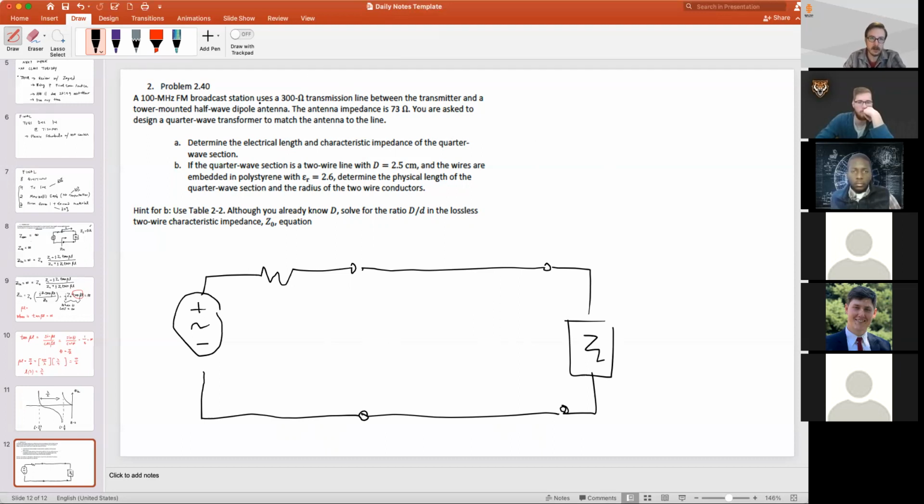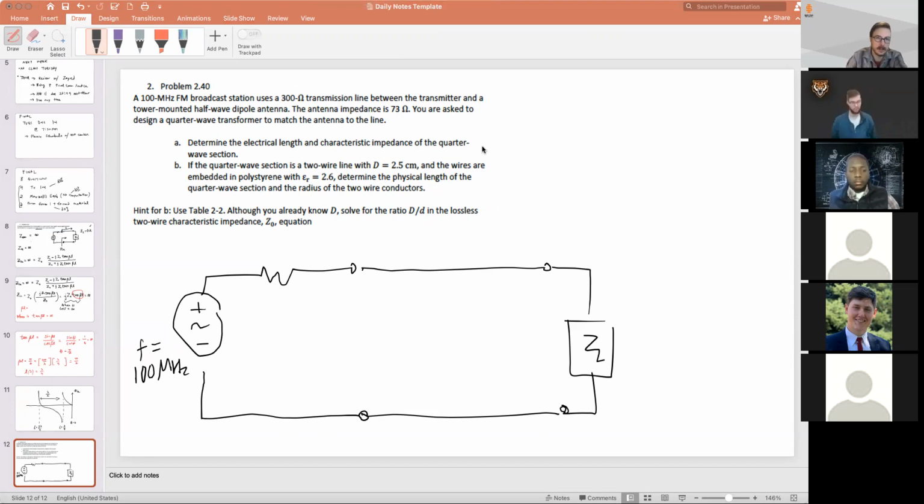So what this is saying is that we have a 100 megahertz FM broadcast station, so this is the frequency, and it uses a 300 ohm transmission line between the transmitter and an antenna, a mounted half wave dipole.